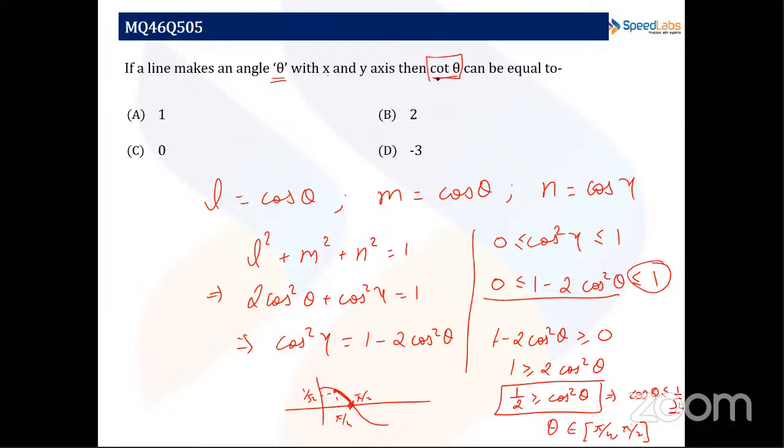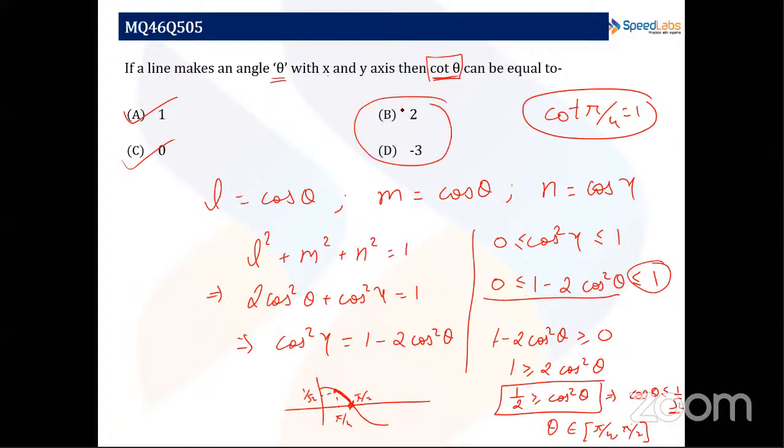We are asked the value of cot theta that can happen. So theta lies from pi by 4 to pi by 2. Cot pi by 4 is 1, so this value is possible. Cot pi by 2 is 0, this is possible. But values greater than 1 and smaller than 0 are not possible. So our options A and C are correct.